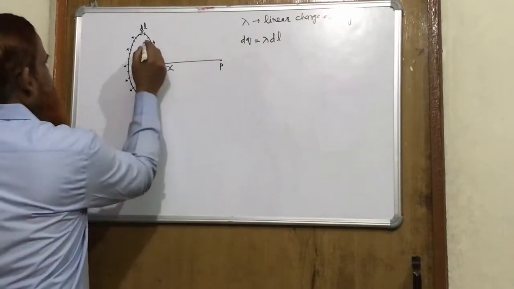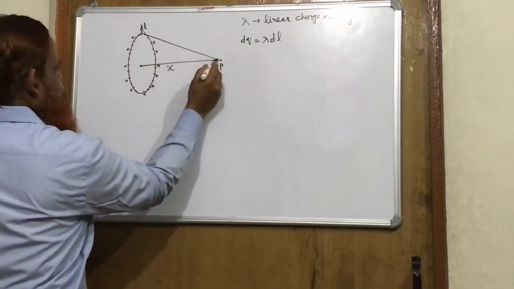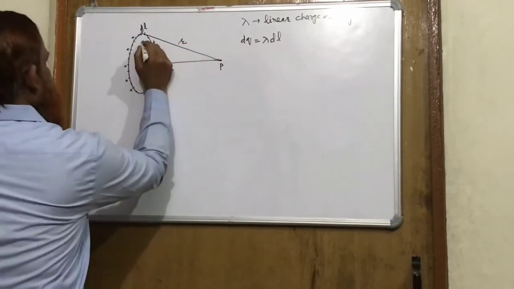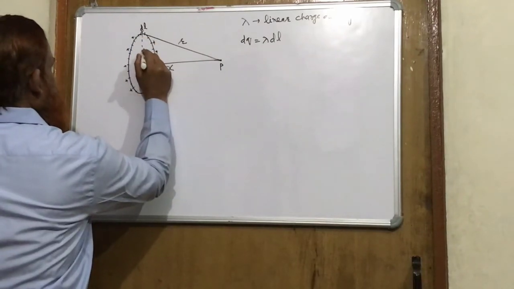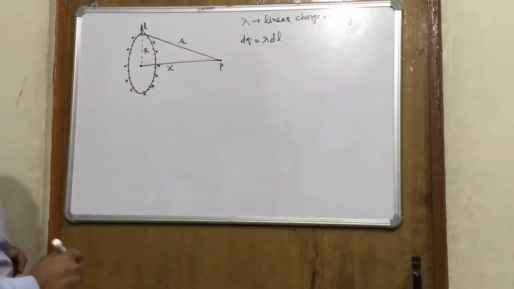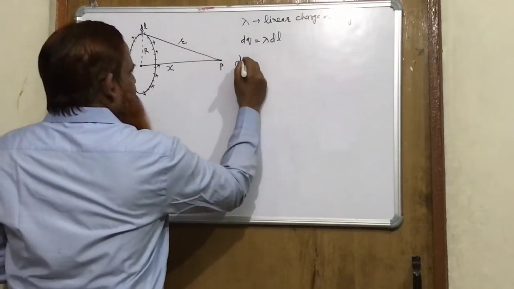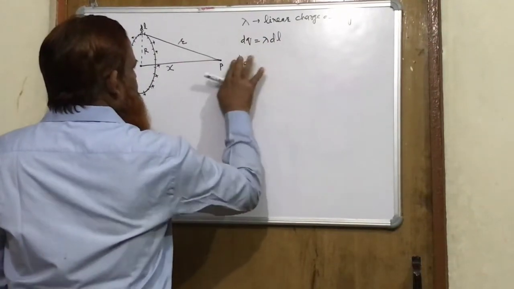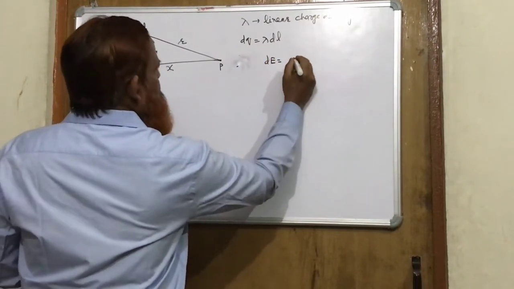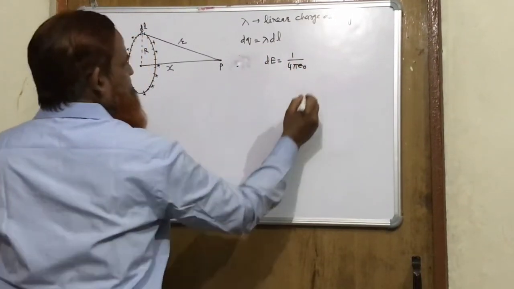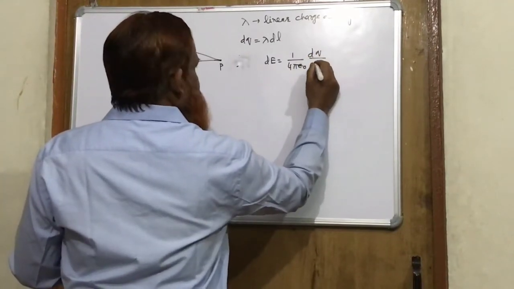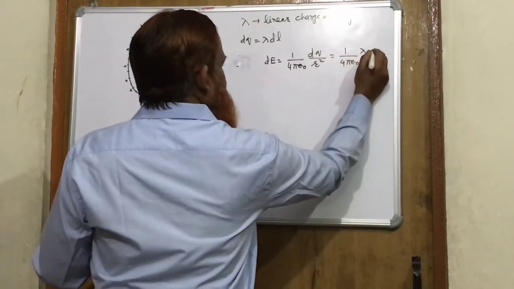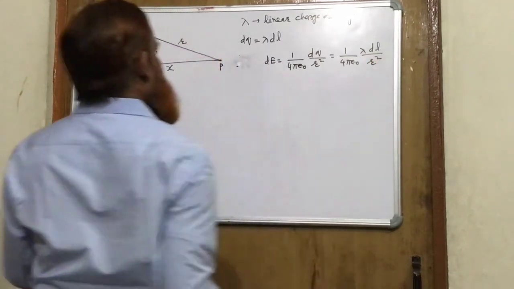Now we find the electric field due to this, at a distance r, and the radius of the ring is capital R. Because it is a small electric field, we take dE. dE is equal to 1 upon 4 pi epsilon naught dq by r square, or 1 upon 4 pi epsilon naught lambda dl by r square.